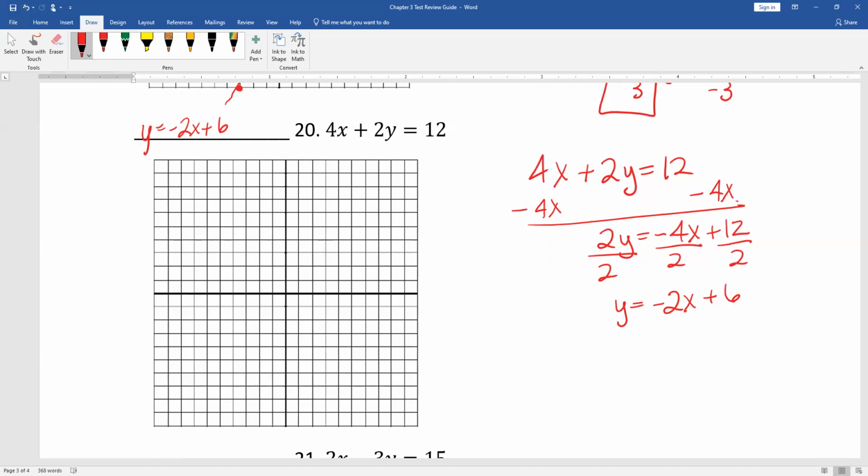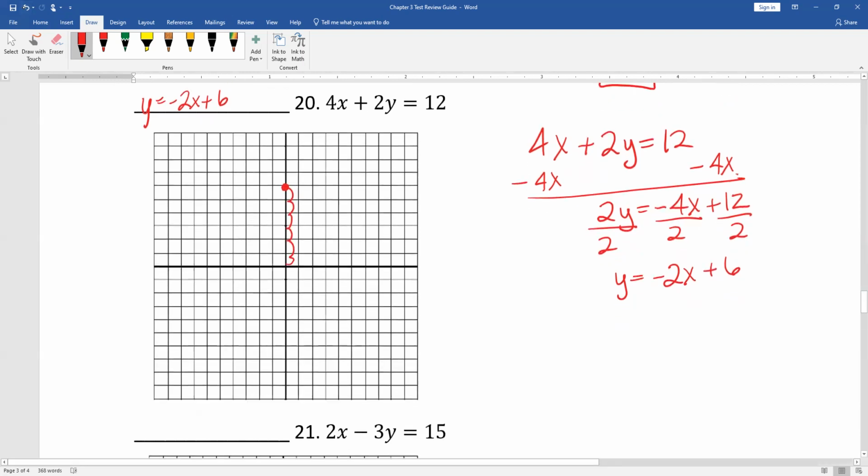So what would you have? You would have -2/1 or 2/-1, because you're gonna want that when you go find your rise over run. So you said you went up 6. 1, 2, 3, 4, 5, 6. So here's my y-intercept.